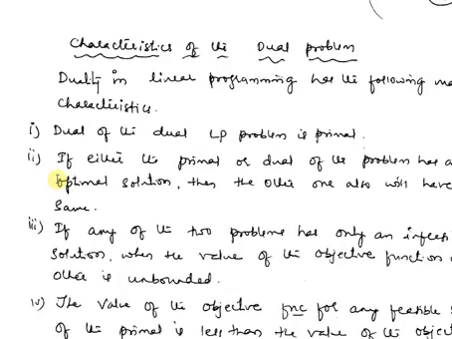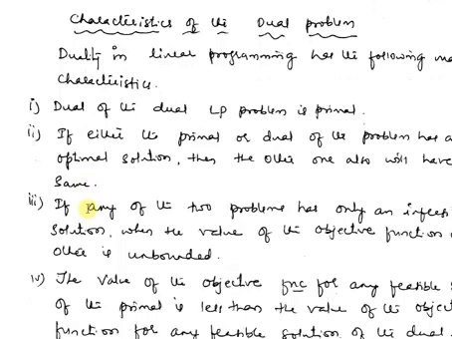So 5 multiplied by 3 will also give the same optimal solution, or 8 multiplied by 6 is 48, and 6 multiplied by 8 will also give you 48. This is just an analogy that I am giving you.